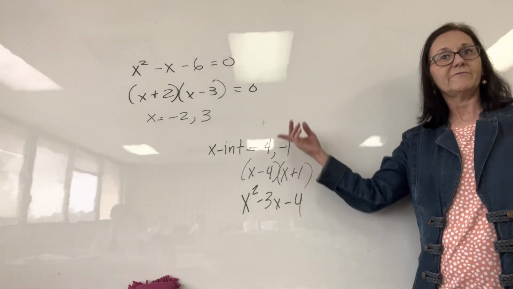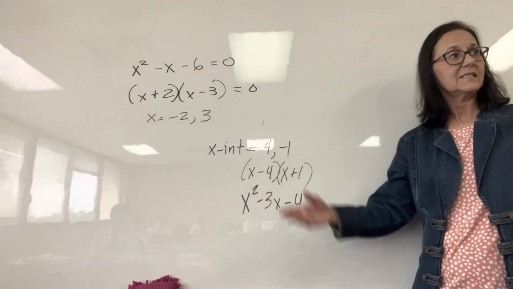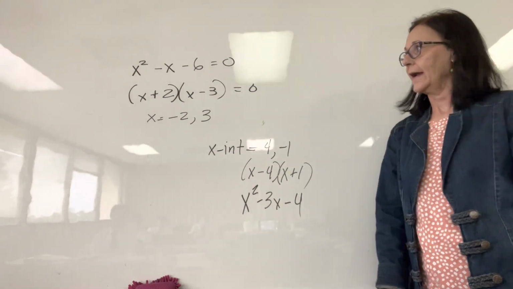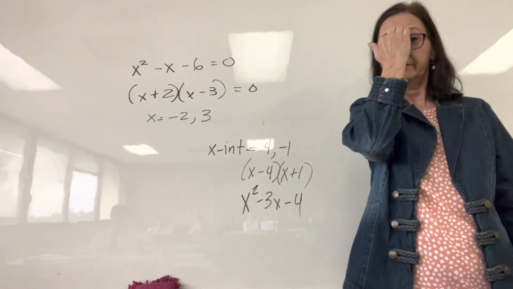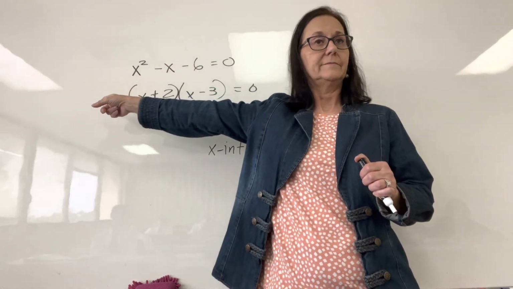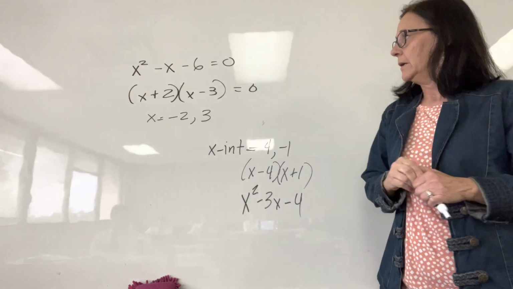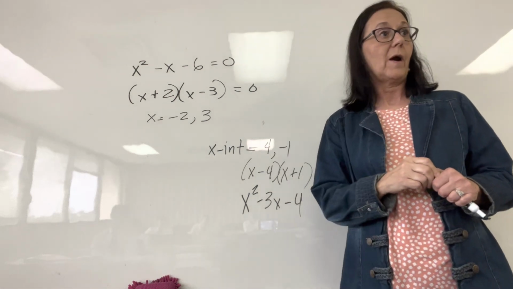All right, so you could go from factors to the equation, right? It's important to go both ways. What was our lead coefficient here? 1. We've also factored or solved by completing the square, right?